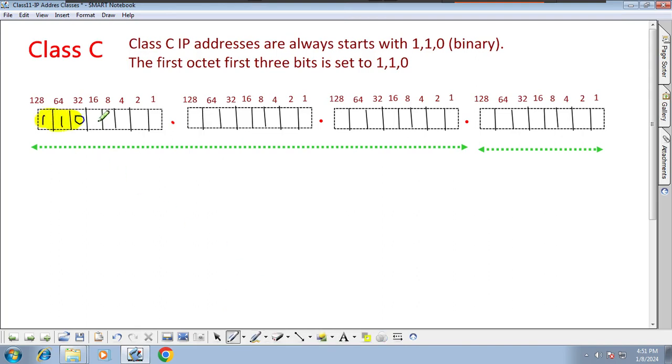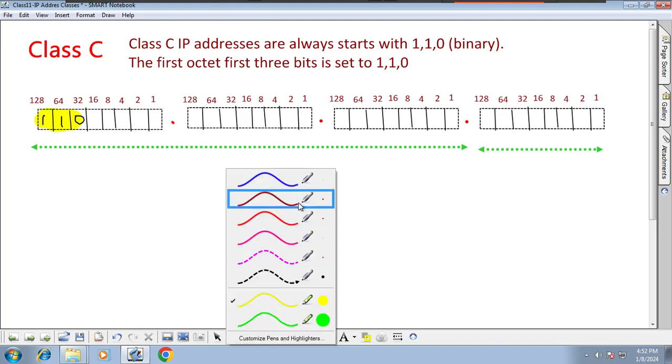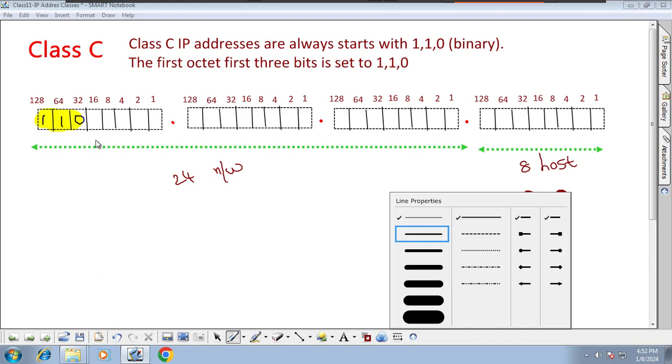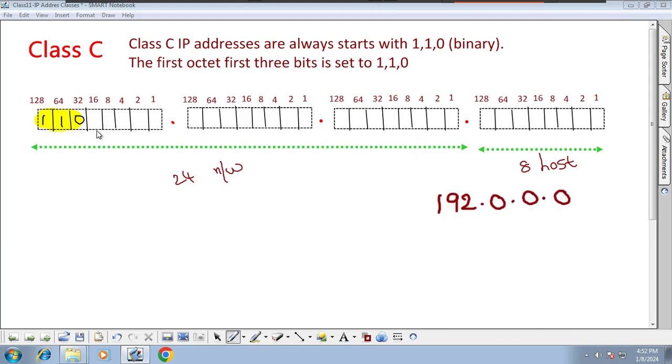If you apply all zeros in the remaining bits, what will you get? 192.0.0.0. Okay, here 24 network bits, here 8 host bits. Now if you apply all ones in these bits, what will you get?